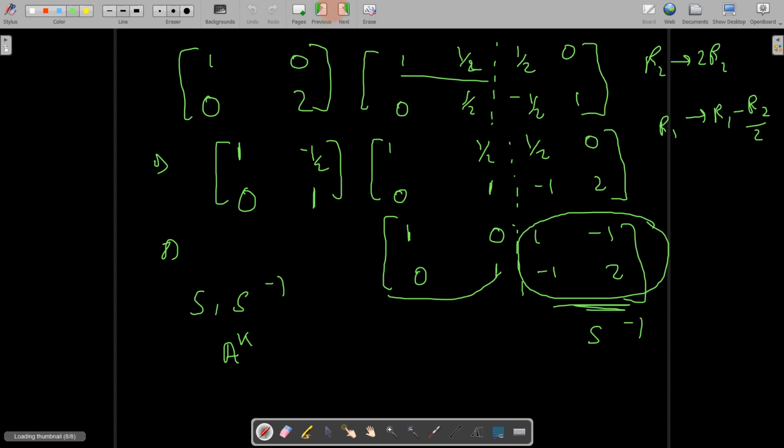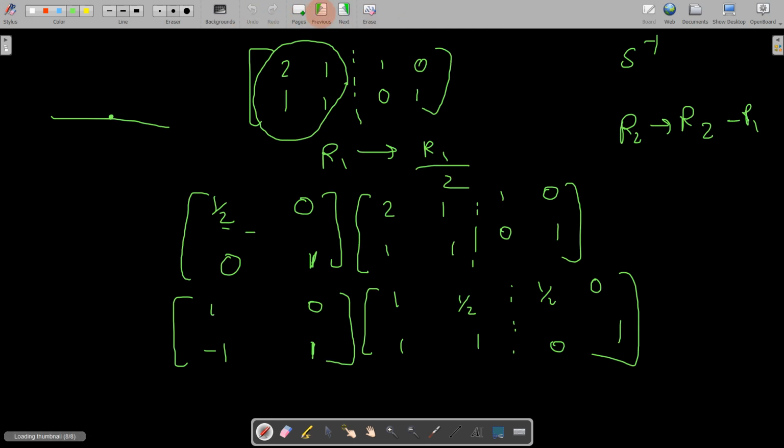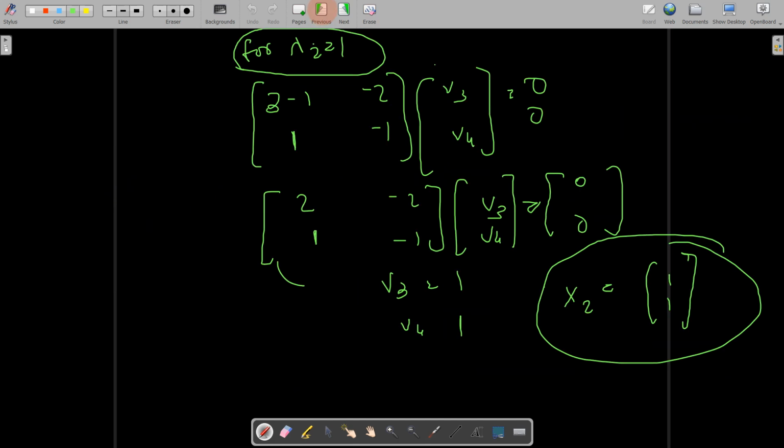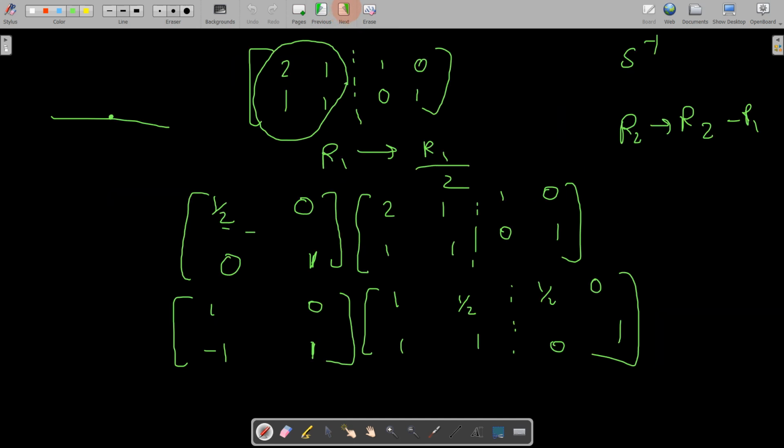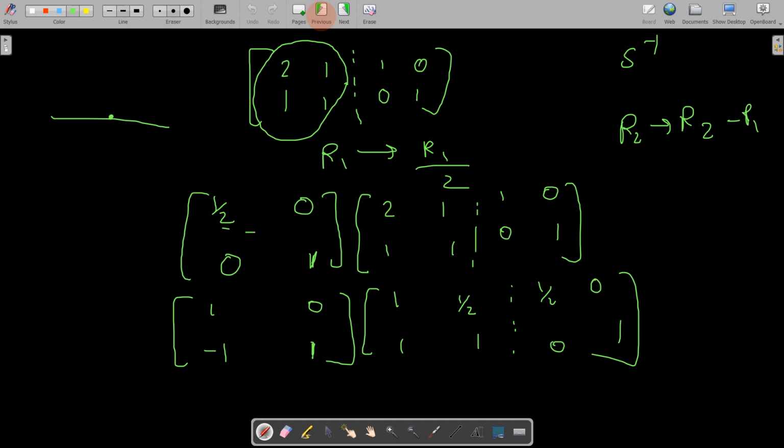So today we will talk about the meaning of the matrix S. What were our eigenvalues? Eigenvalues were 2 and 1, with 2 corresponding to the eigenvector 2 1.